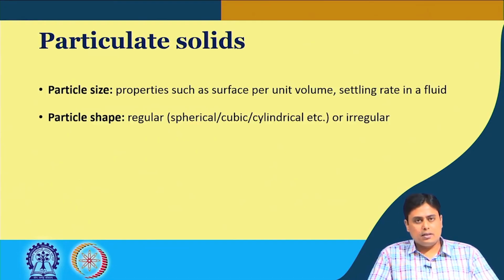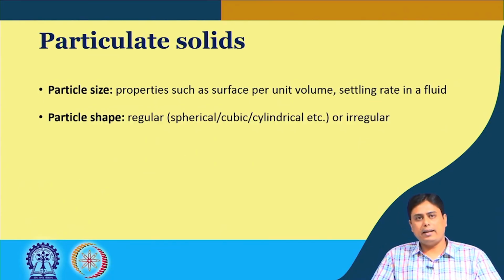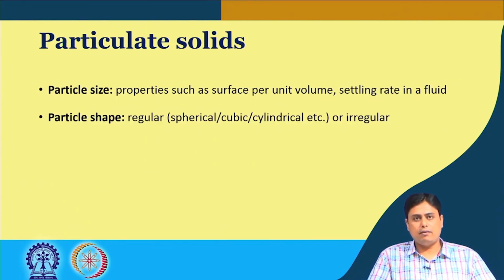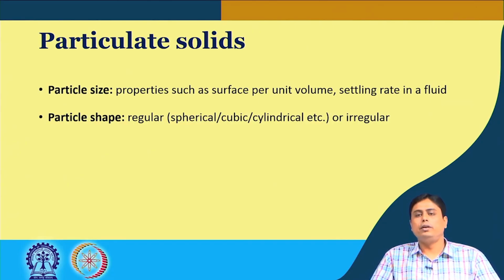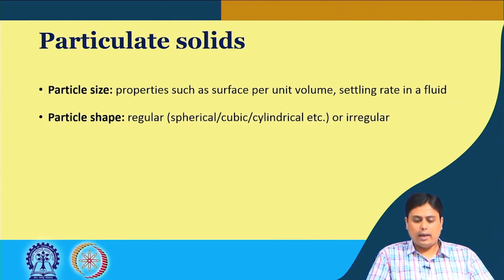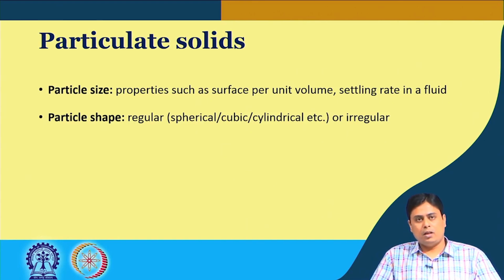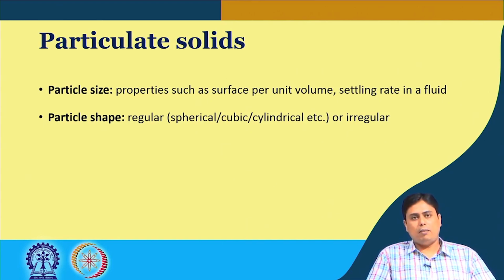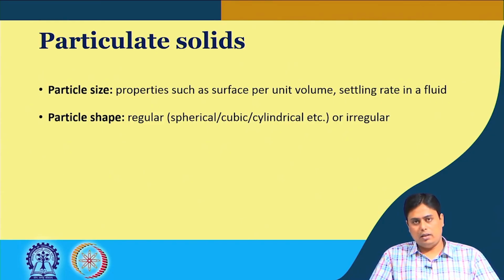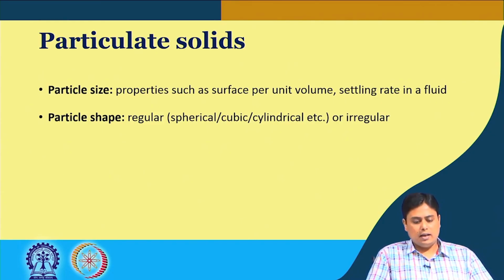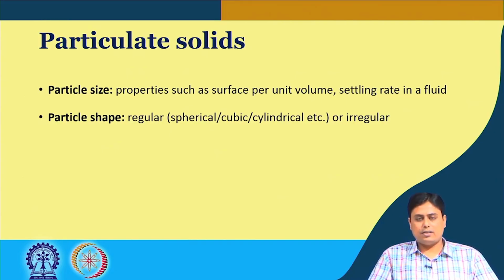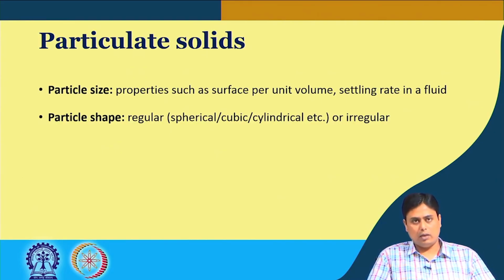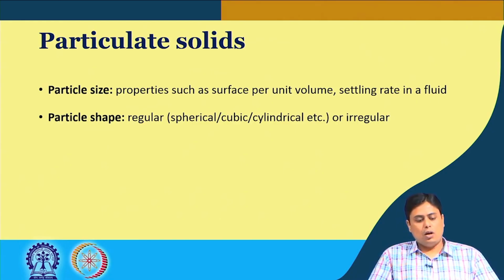If you define a particle size, then several properties such as surface area, surface per unit volume, and its settling rate in a fluid can possibly be determined. If you can define a particle shape, then it would be easier to understand the characteristics of a particulate solid.